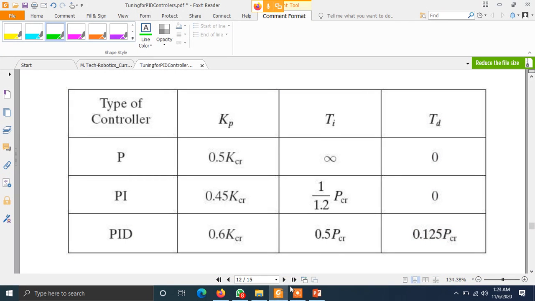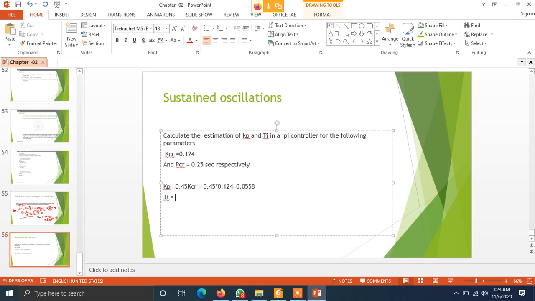And what is Ti? Ti is basically 1 by 1.2 into Pcr, which is equal to, what is 1 by 1.2, into Pcr, which is 0.25, right?